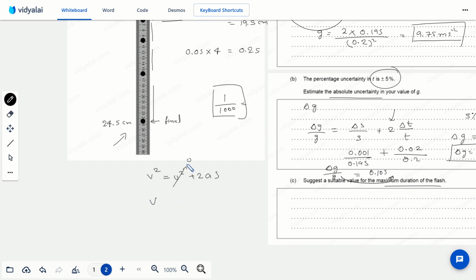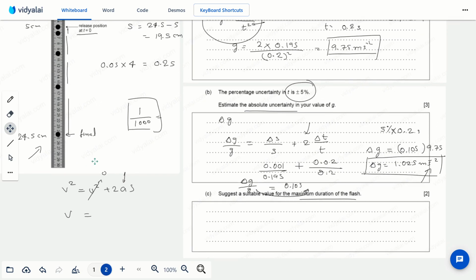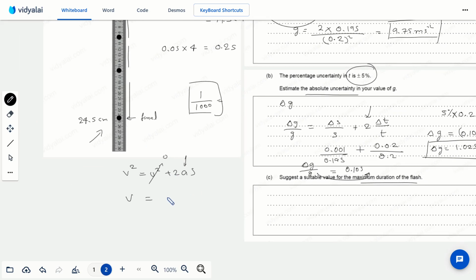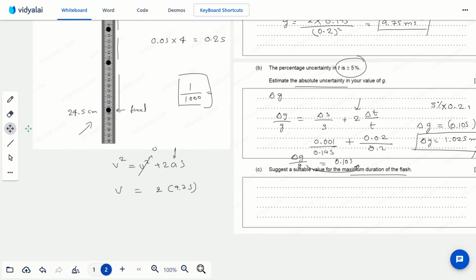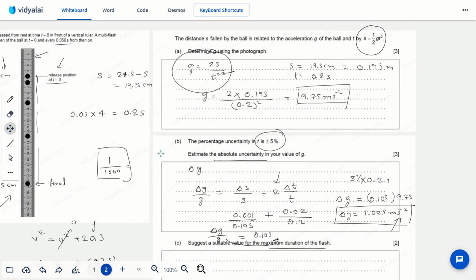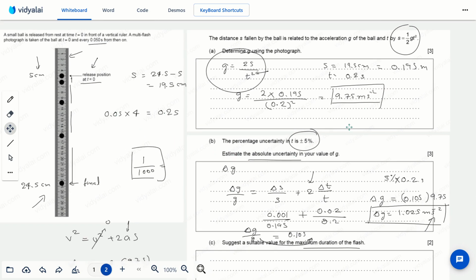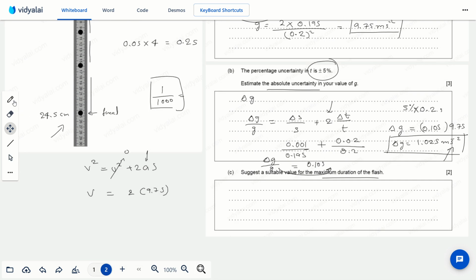Its initial velocity is just 0 because it was released from rest. And 2 times a is found to be 9.75, which is not the usual value, but this is what we have found out. So we're going to make use of that. And s is the total displacement, or the distance from its release position to its final position. So it's 0.95 meters.